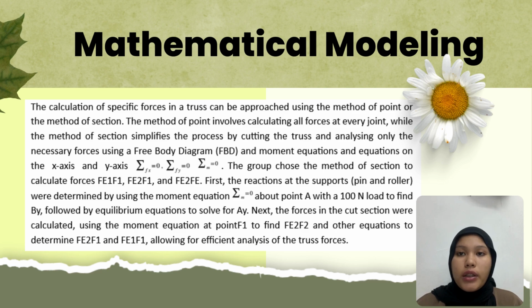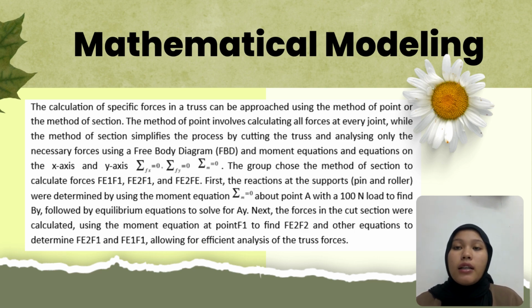While accurate, the method can be time consuming, especially for a large truss, since it requires solving for all forces one joint at a time. The method of sections, however, simplifies the process by selecting a specific section of the truss, cutting the truss into two parts and focusing only on the section of interest.